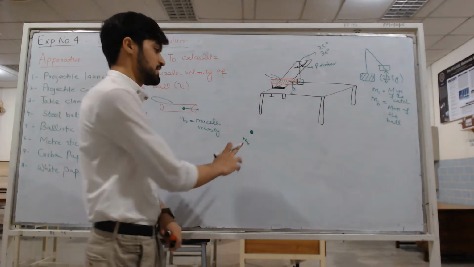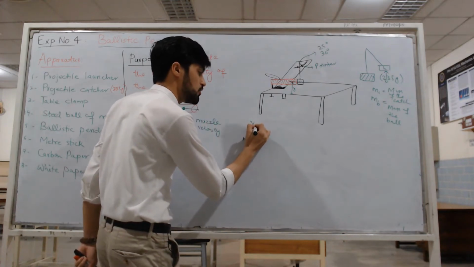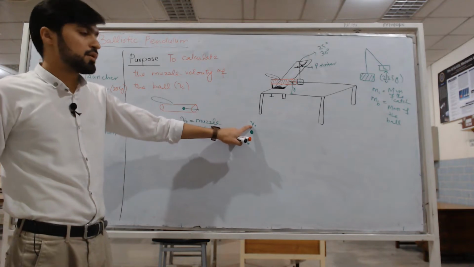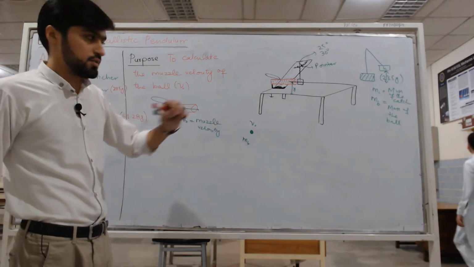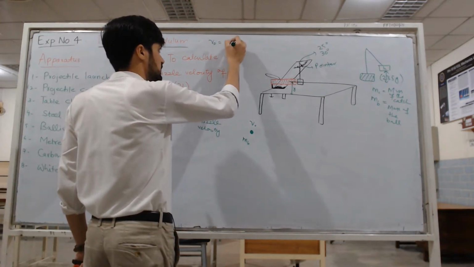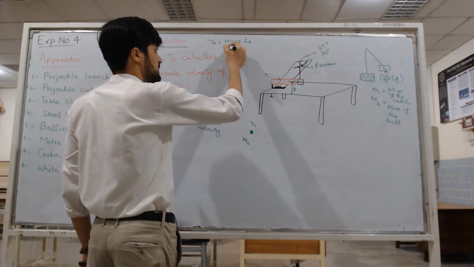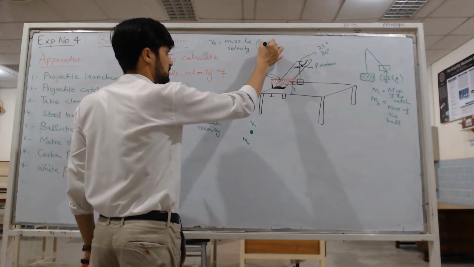The ball has mass mb, and its initial velocity is v0. Let's say you can represent it with Vm, muzzle velocity. For your ease, I will write it V0, muzzle velocity, in meters per second.